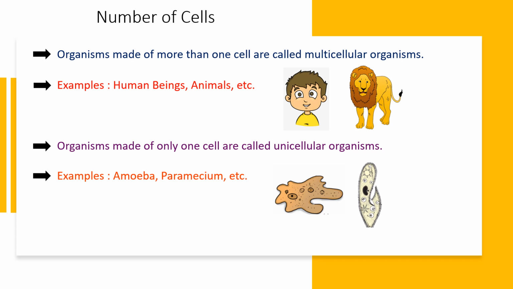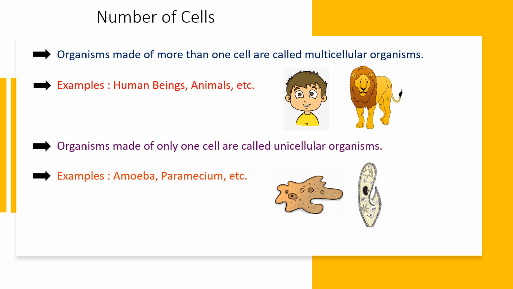Organisms made of more than one cell are called multicellular organisms. Multi means many. Cellular means cell. Many cells, multicellular. Examples of multicellular organisms are human beings, animals and plants also.